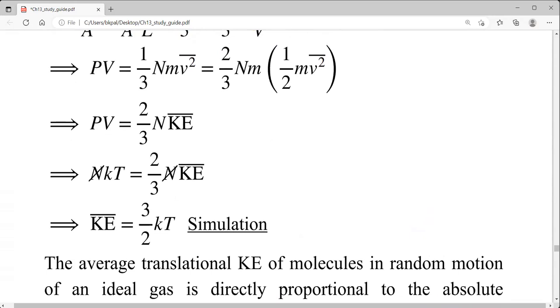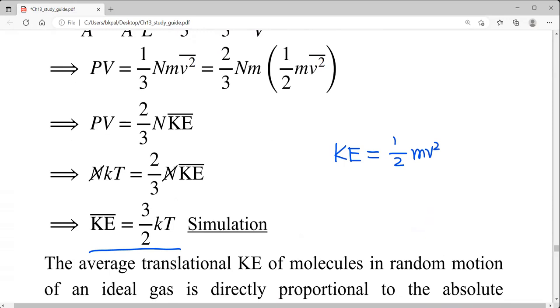This one is the final form, and it tells us the kinetic energy. KE is the kinetic energy, and the bar on top of the kinetic energy means it is the average kinetic energy. Remember that kinetic energy is half mv squared.